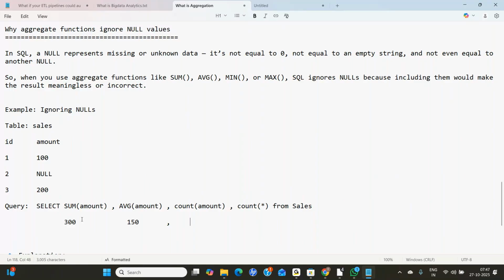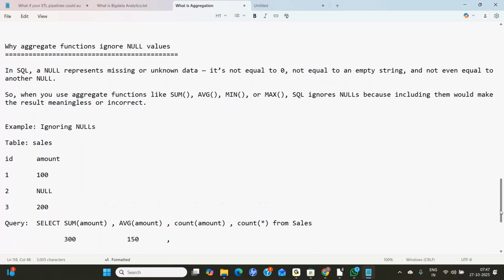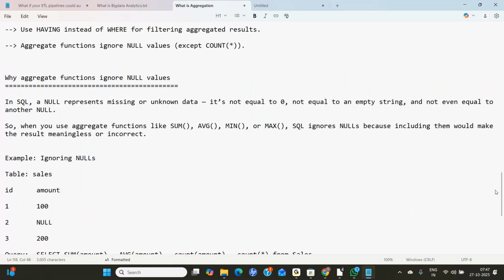Count of amount. See, what is the point you have written? Aggregate functions ignore null values except count star.